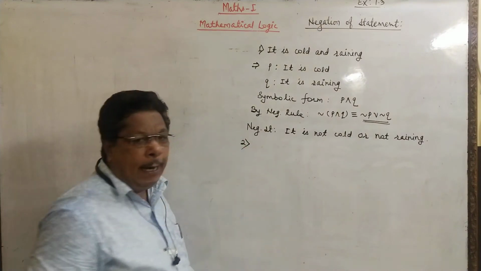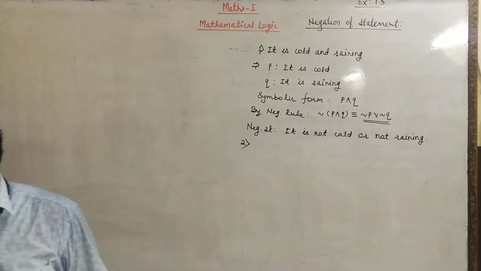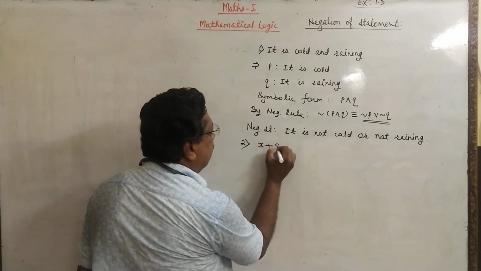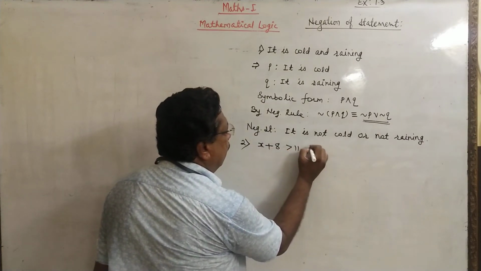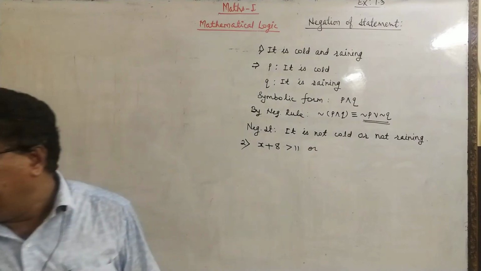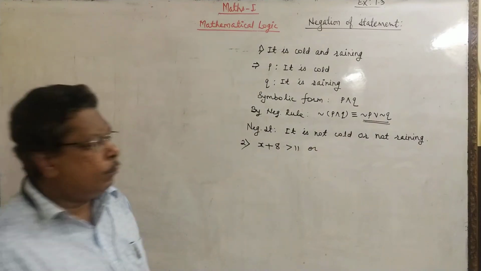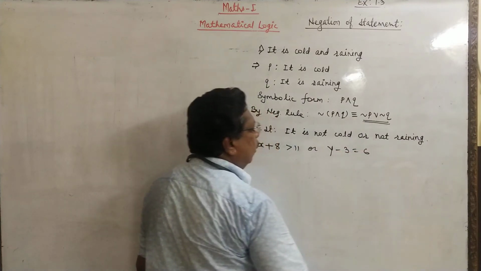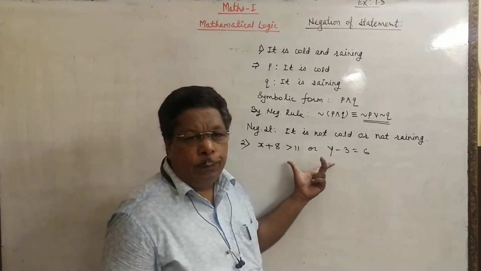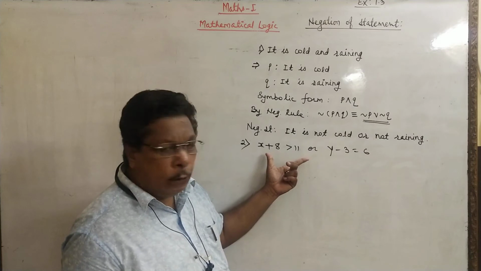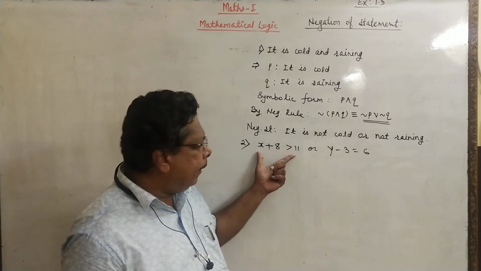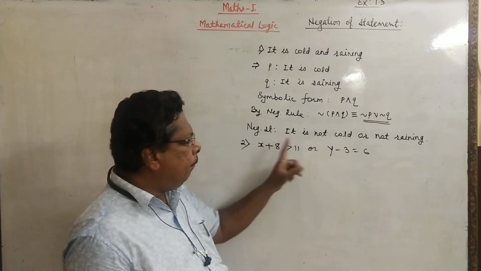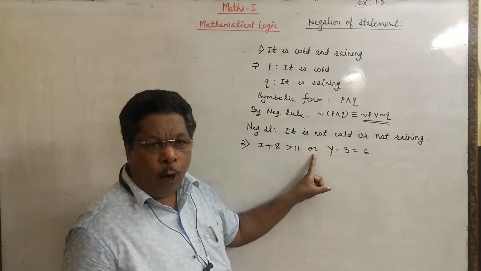Now the second question: x plus 8 greater than 11 or y minus 3 equal to 6. We have to write the negation of this statement. There are the two statements. First half part is P, second half part is Q. These two statements are joined by the connective or.